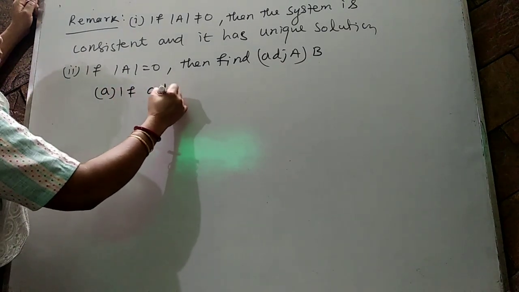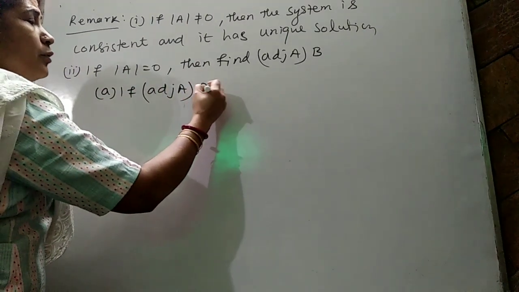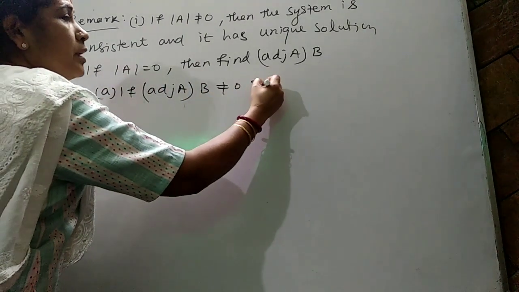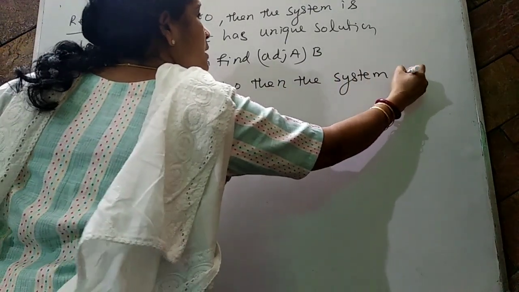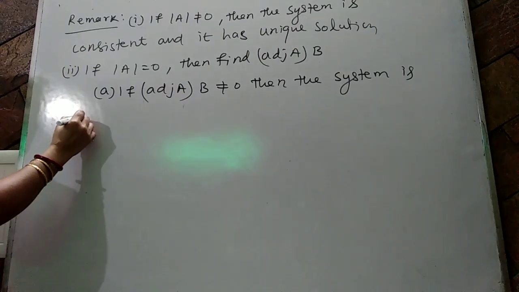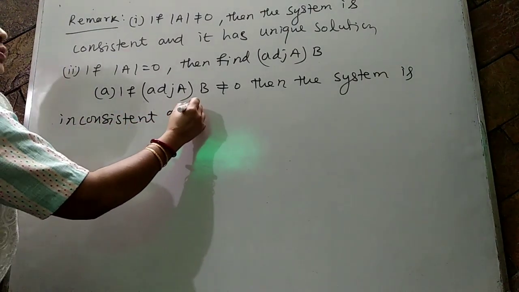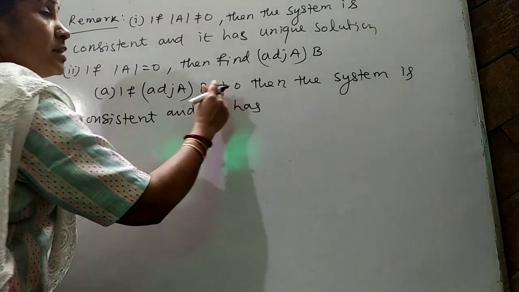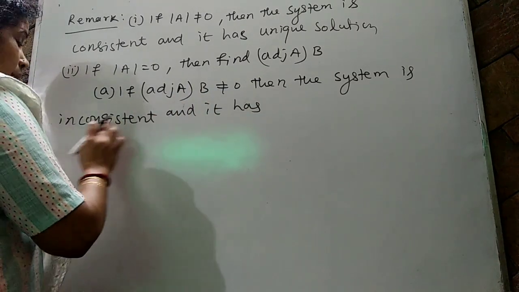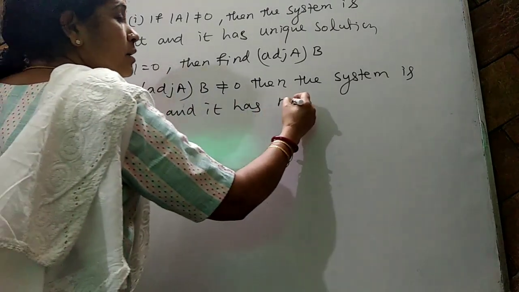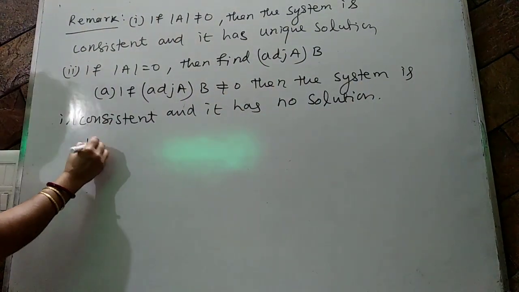If adjoint of A into B is not equal to 0, then the system is inconsistent and it has no solution. I will give you examples for all these three remarks.